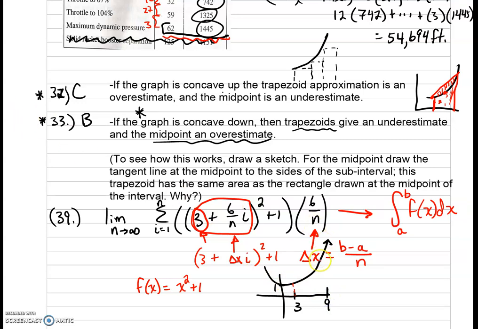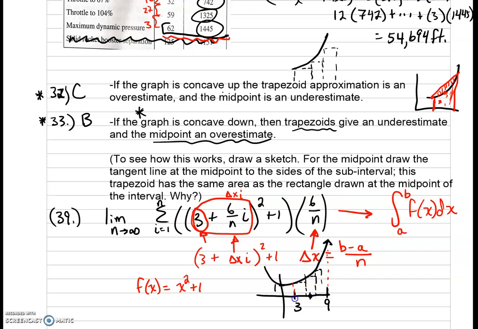what this is indicating is I'm plugging in some value. I've started at 3 and I've worked over delta x times i. That's my ith rectangle. Remember we talked about that idea today, as we have some arbitrary rectangles over here. If I pick one of my arbitrary rectangles and I pick a point in here, how far over?